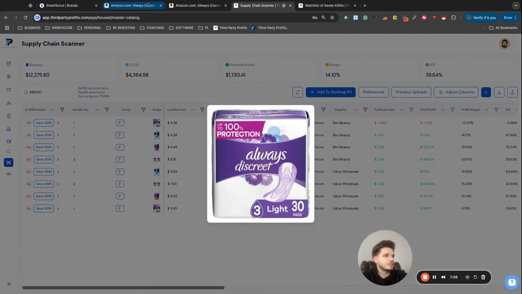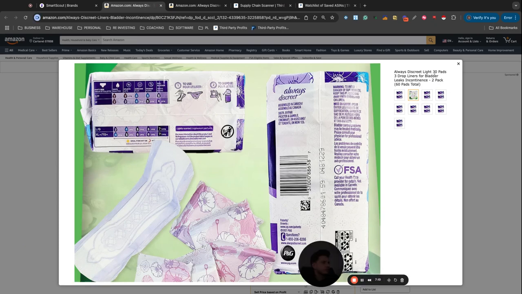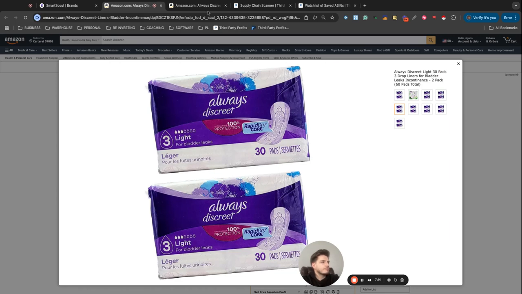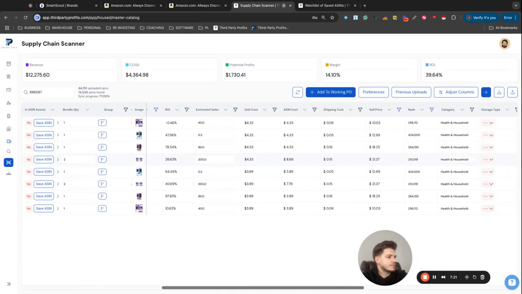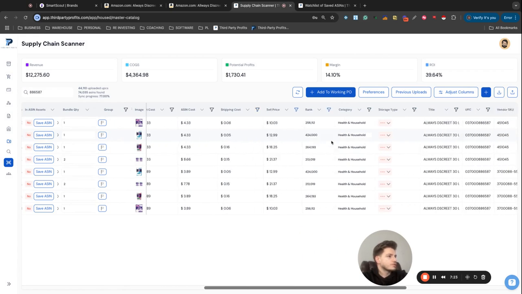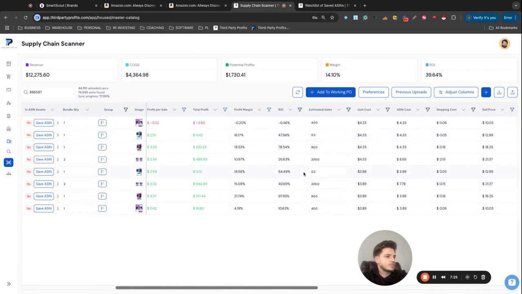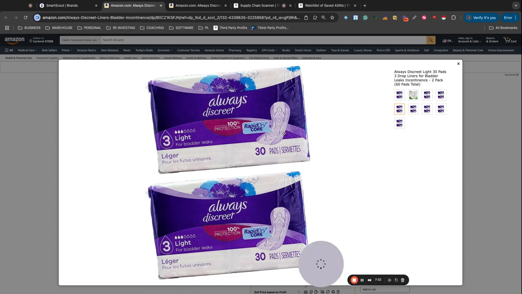So this is 30 pads of light. So now we know that we found the correct item, and I can source and look at my lowest cost that I have access to. My lowest cost here on the unit cost is going to be Value Wholesale again at $3.89 a unit. So now let's source this product and see if it's profitable.